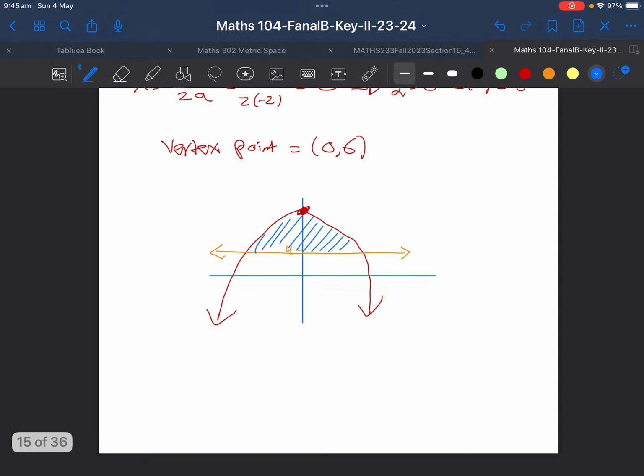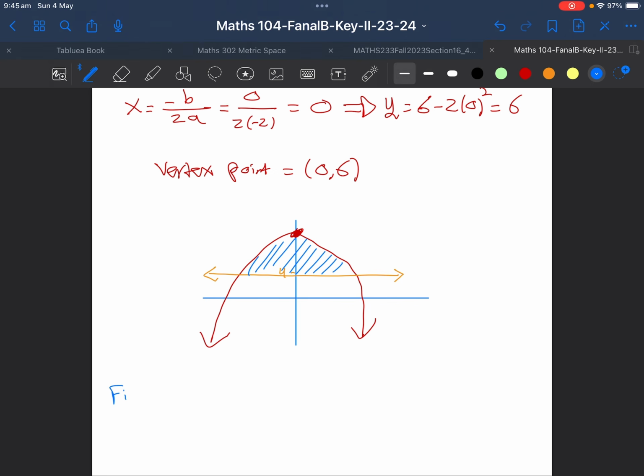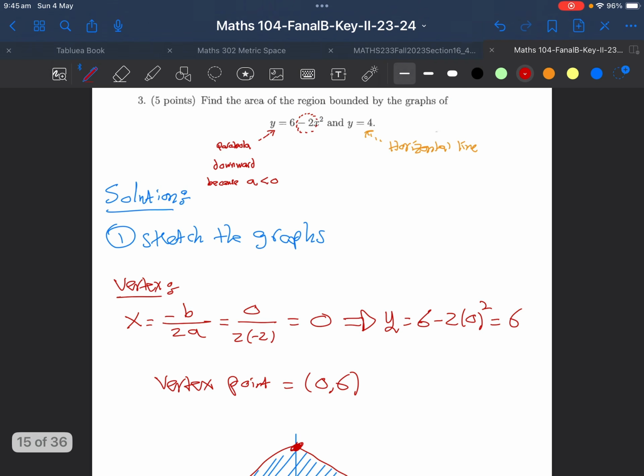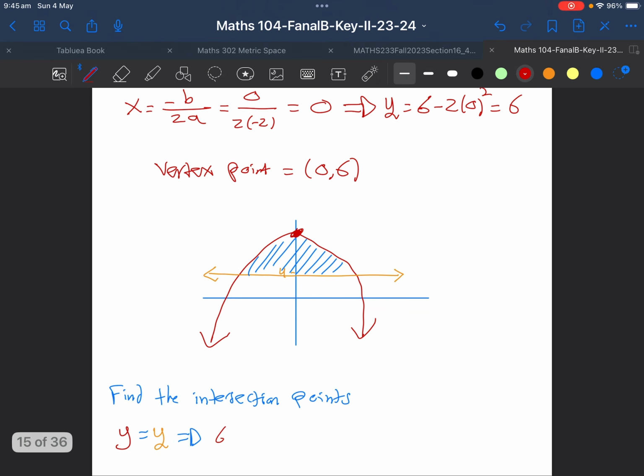What we need to do next is find the intersection points. How do we do that? We take the y in red and make it equal to the y in orange. The y in red is 6 minus 2x squared.